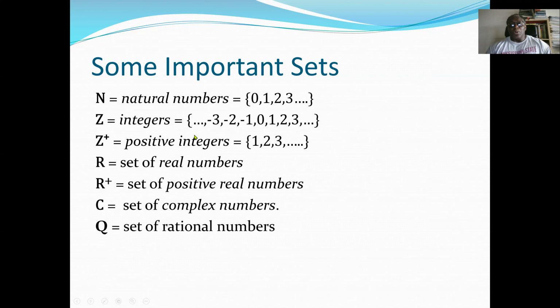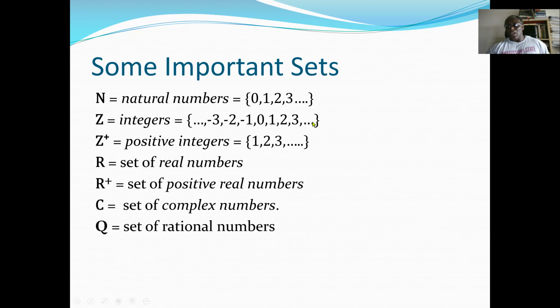So these are also some important sets which we're always going to face. For example, the uppercase N is natural numbers. Natural numbers means 0, 1, 2, 3 to positive infinity. So natural numbers are positive values from 0. We also have integers, but integers can be negative values and positive values and also can include 0. So here we can see we have the ellipsis, which means, let's say, negative infinity all the way to positive infinity.